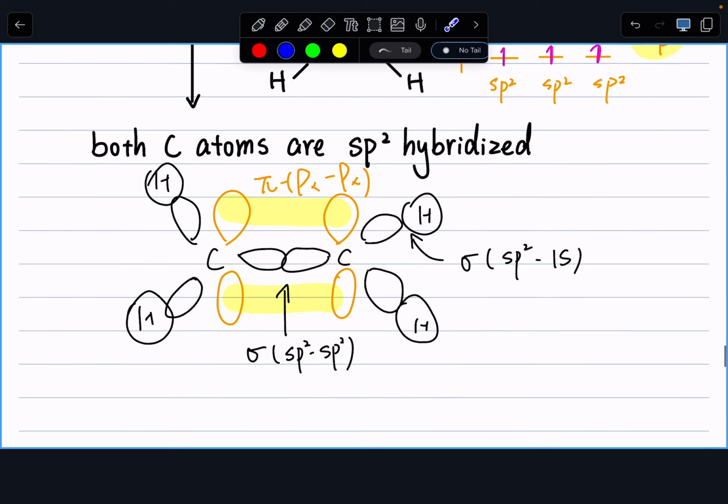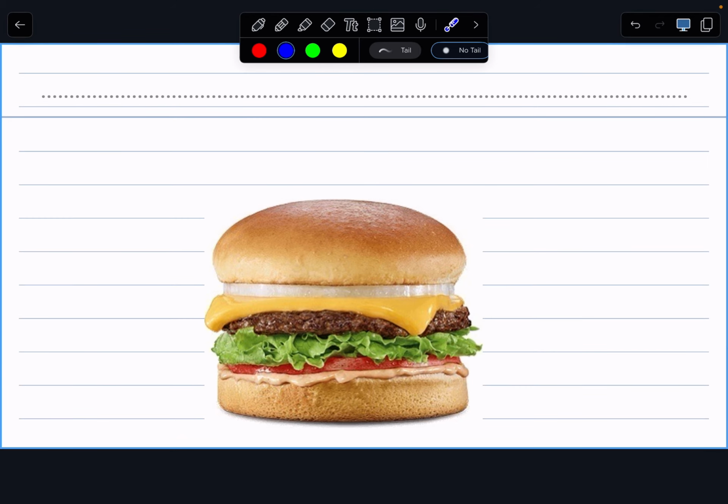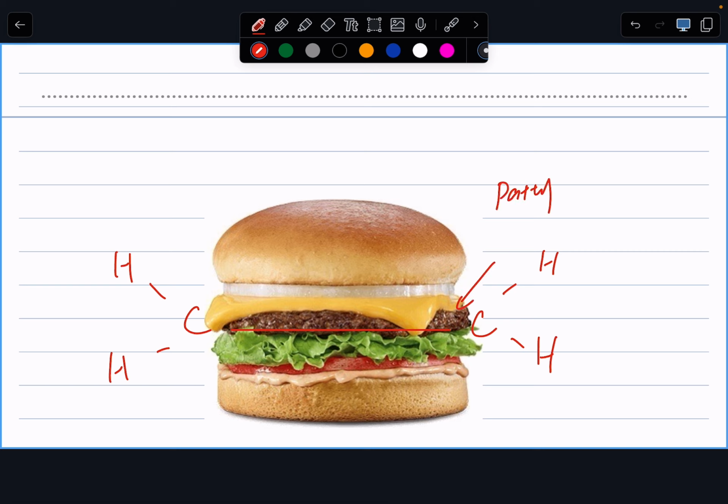So here's a fun question. Imagine we have a burger. Let's say I put my carbon on both ends, and the hydrogens are around. In this burger, which part best describes the sigma bond between my carbon-carbon atoms? Yes, the patty best describes the sigma bond between my sp2 overlap, where they meet each other.